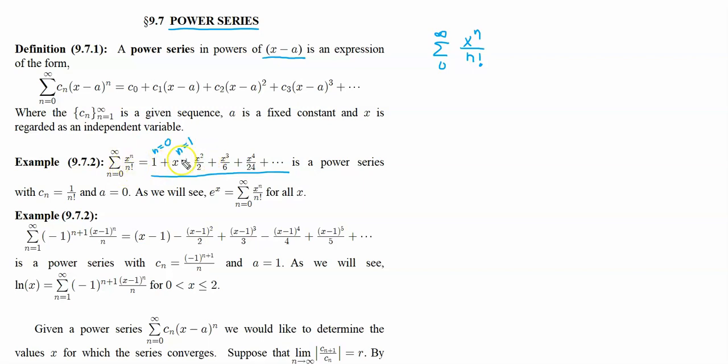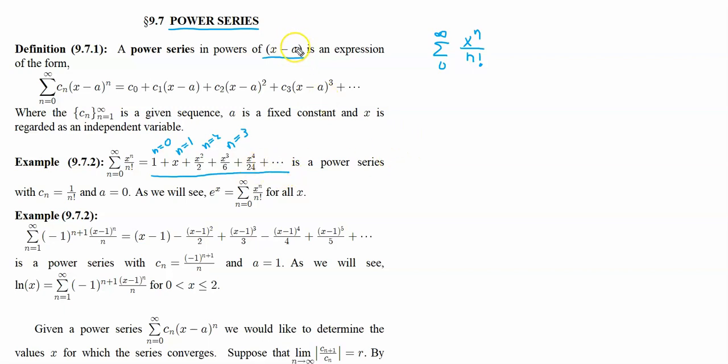If you put 2 in for n, x squared over 2 factorial, or just 2, so this is when n is 2. When n is 3, you get x cubed over 3 factorial, or 6. And so on.